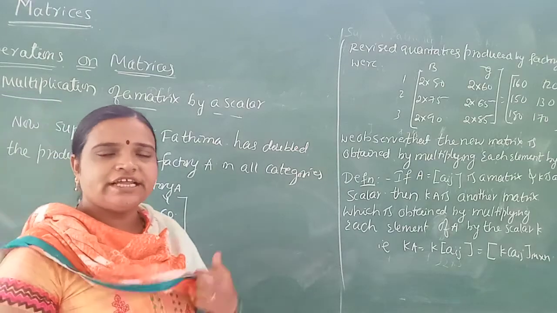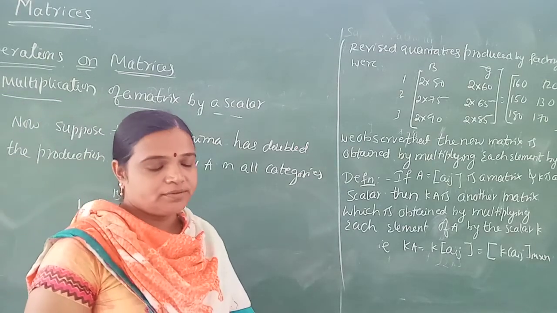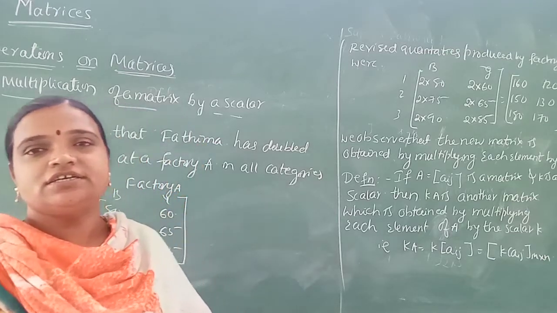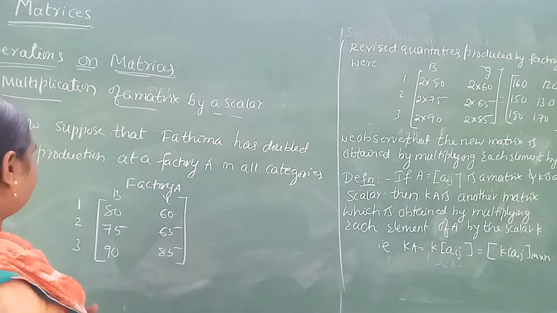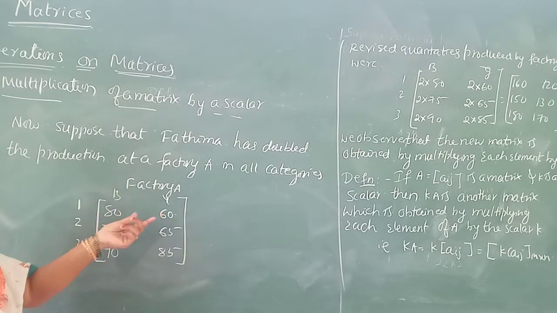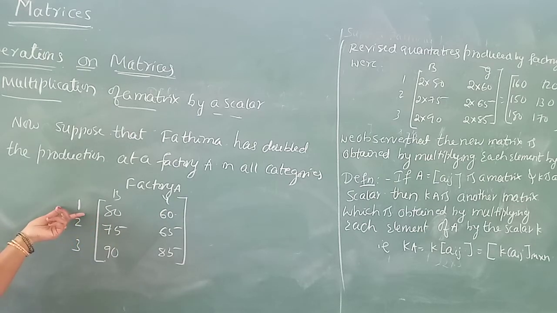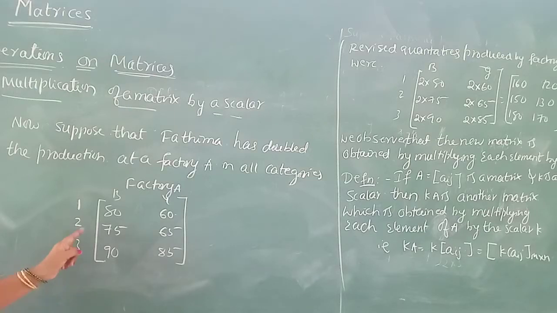In addition of matrices, Fatima produces sports shoes for boys and girls in different categories. The price at factory A for the first category is 80 for boys and 60 for girls, for the second category 75 and 65, and for the third 90 and 85.